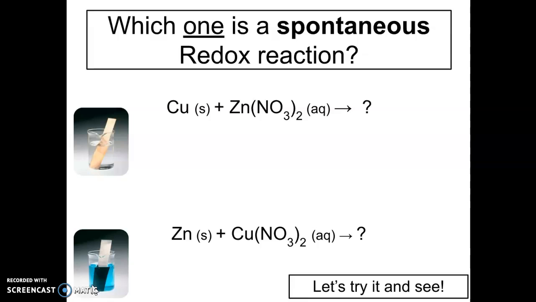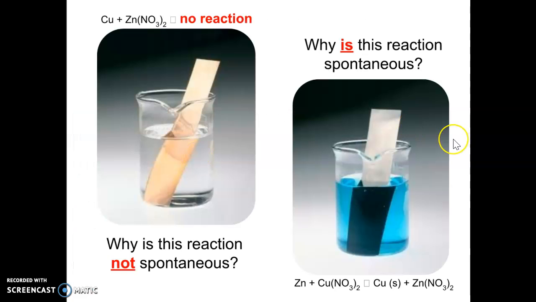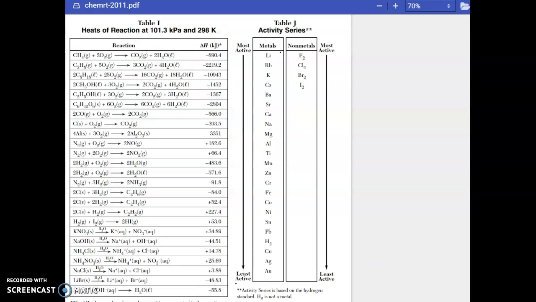So, let's see what happens. We find out that the zinc in copper nitrate solution is spontaneous, while the copper in zinc nitrate solution is not spontaneous. Let's see why that's true.